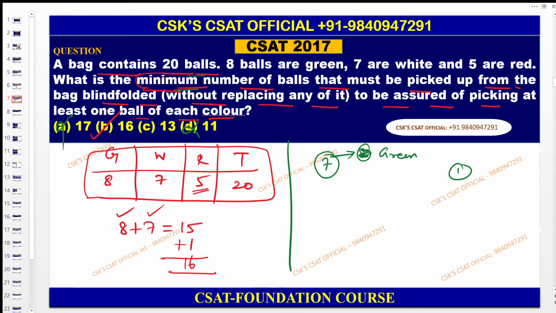You are picking these 5 here. From these 5, 1 may be a green also. Then the other 4 may be white also. Getting? Why not 13 here? Getting why not 13? Dharni.